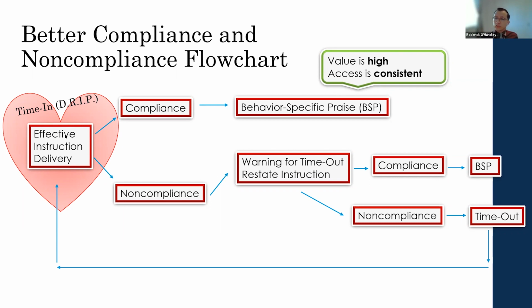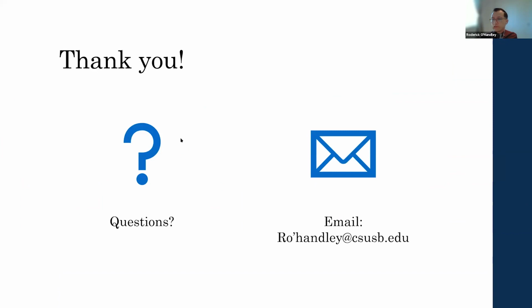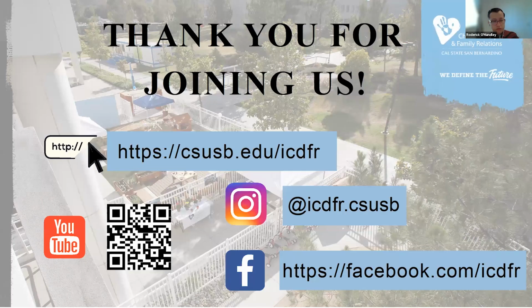I think if parents and teachers get comfortable with using time in, DRIP, specifically EID, offering some positive attention for compliance, putting kids in a better position to follow through, non-compliance will go down by itself. You might get to a point where you still need something like timeout, but this by itself can be pretty effective overall. I can open it up to questions.